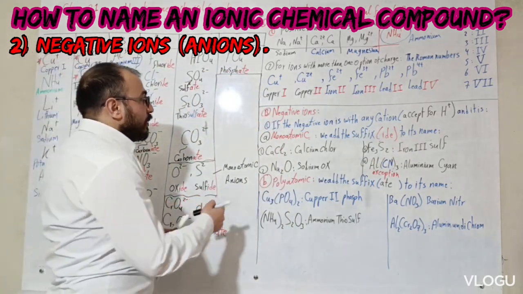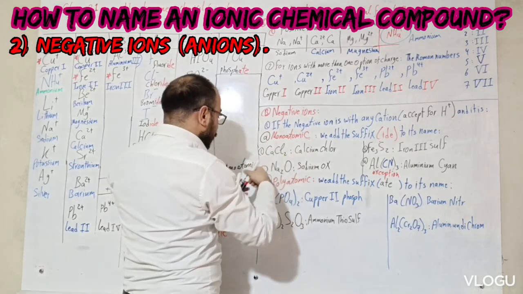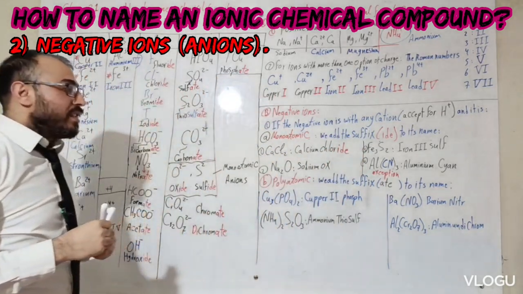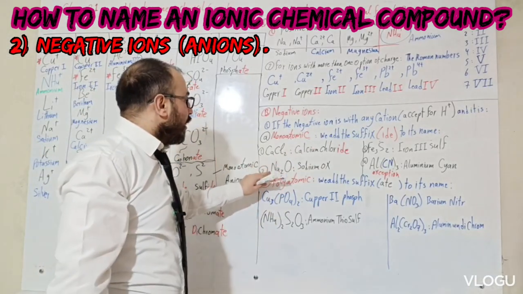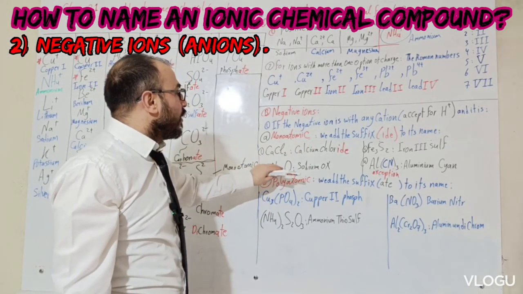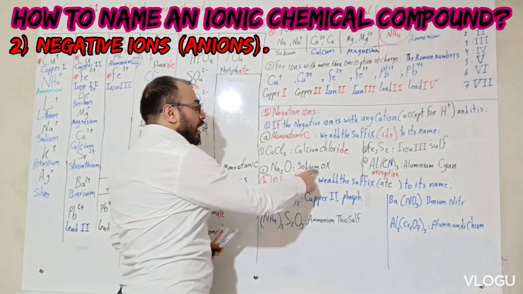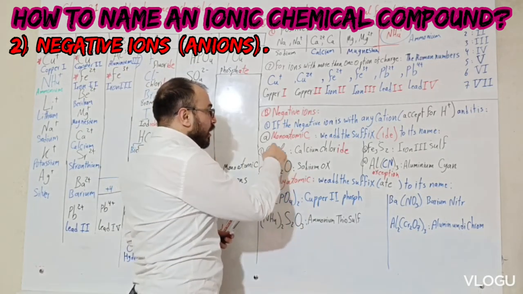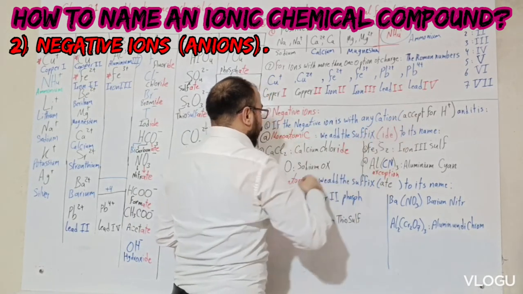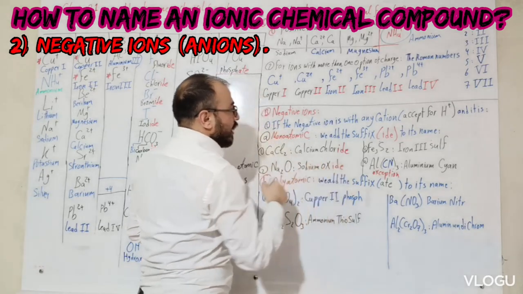Here, my friends, for example, we have calcium. You know, the positive ion doesn't change. Calcium chloride. Here, I add the suffix "ide." Here, I have sodium. Again, my friends, the positive ions, when they are related to negative ions, they don't have any changes in their names, while a monoatomic ion, which is related to any cation except for H+, is going to be added to the suffix "ide."